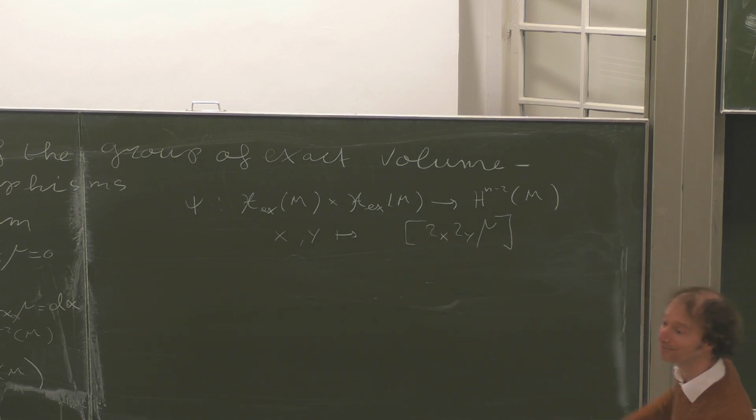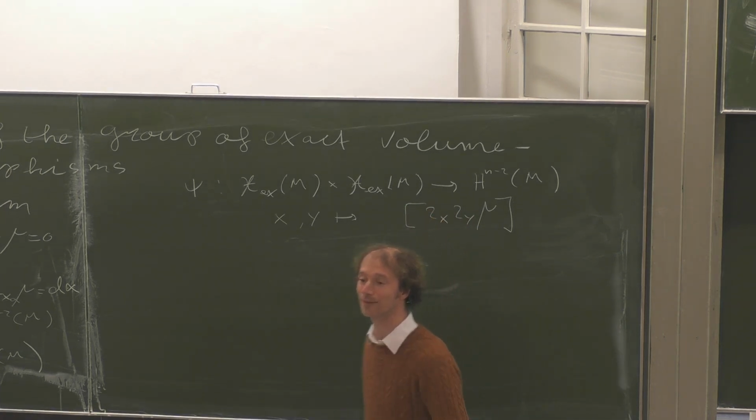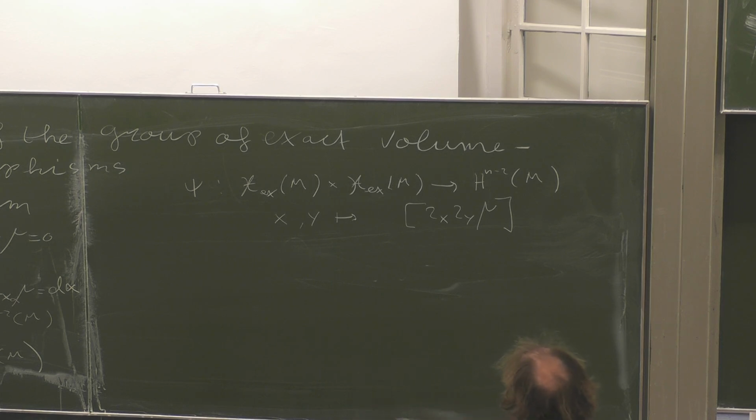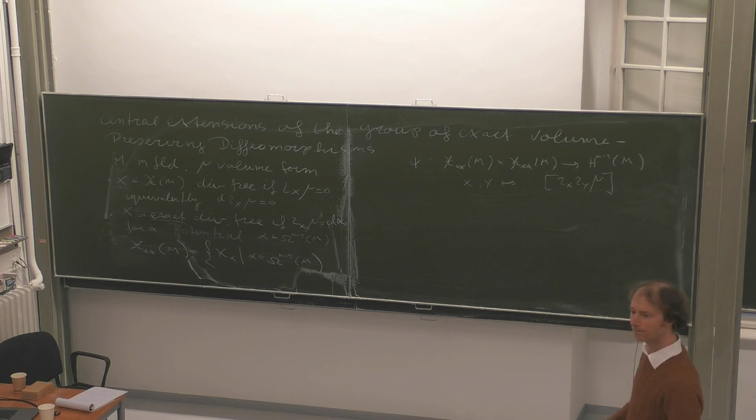This is essentially the only one. The n-2 form is not closed in general, so you might take a projection to the closed 2-forms so that you can take the de Rham class.